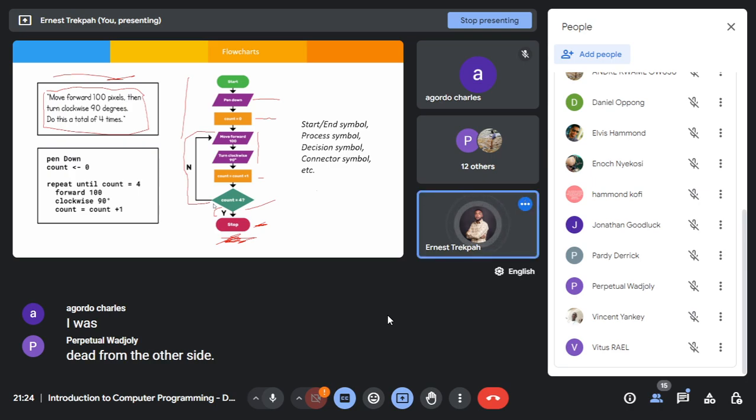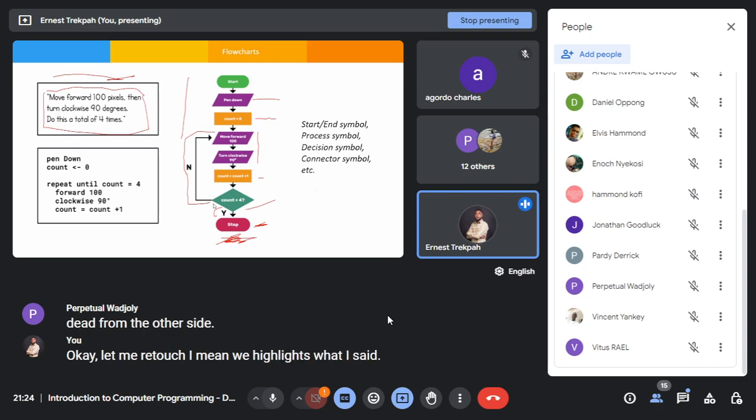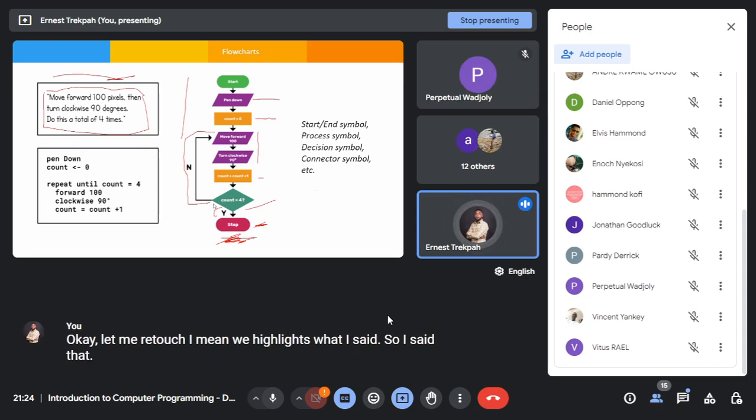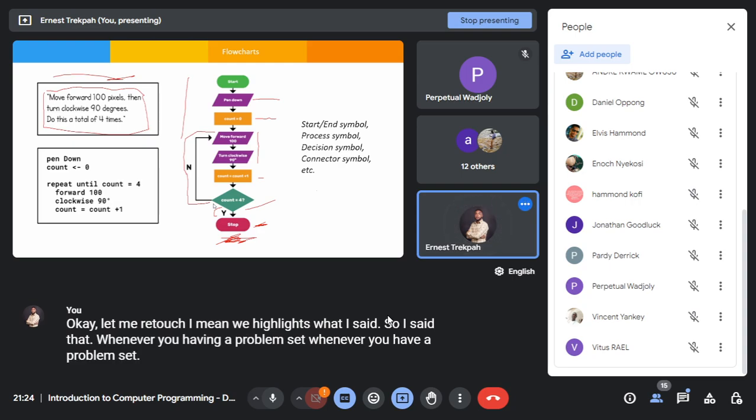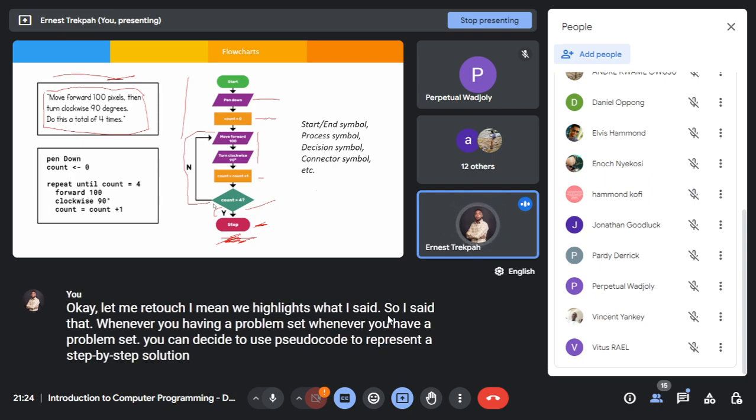Okay. Let me re-highlight what I said. Whenever you have a problem set, you can decide to use pseudocode to represent a step-by-step solution to the given problem set.